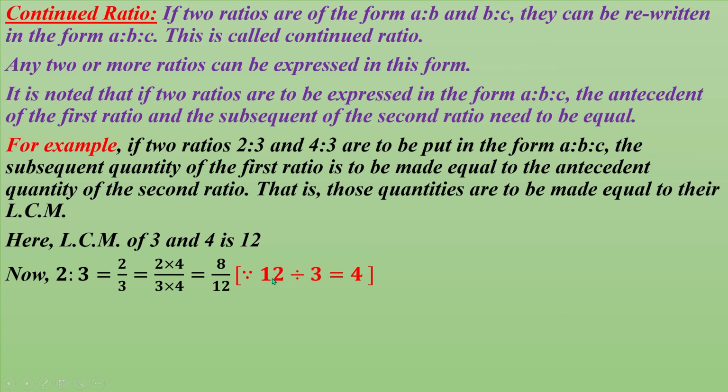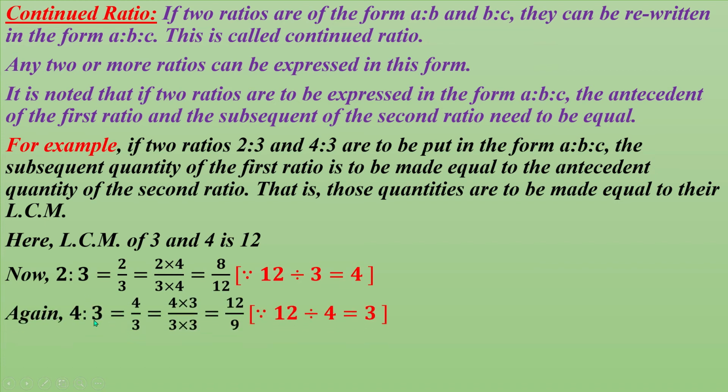Here the subsequent of the first ratio is 3, so we have to divide 12 by 3. As a result, here will be 4. So 2 into 4 by 3 into 4 equals 8 by 12.